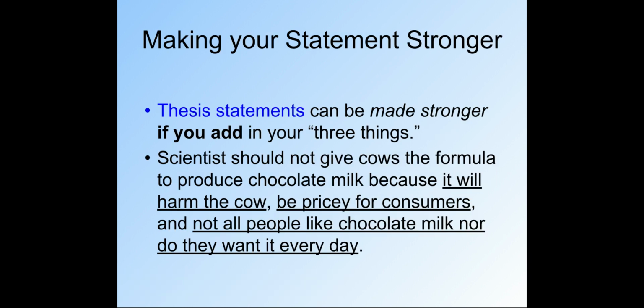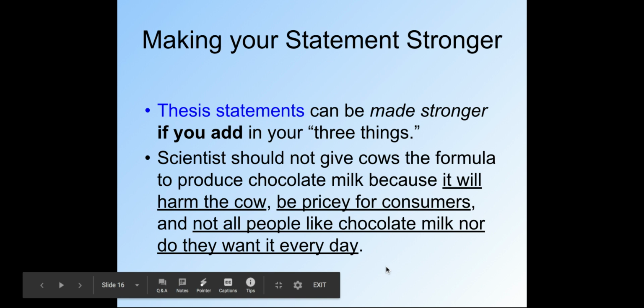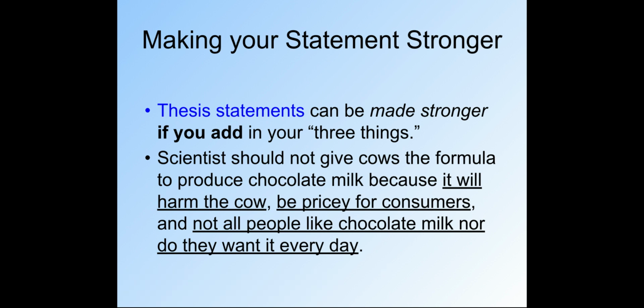And you make your thesis stronger by adding your three things. Your three things are usually your three reasons, your three examples, your three whatever, all in one sentence. So you'll notice that my sentence is a little bit bigger now. Scientists should not give cows the formula to produce chocolate milk because it will harm the cow, be pricey for consumers, and not all people like chocolate milk, nor do they want it every day.